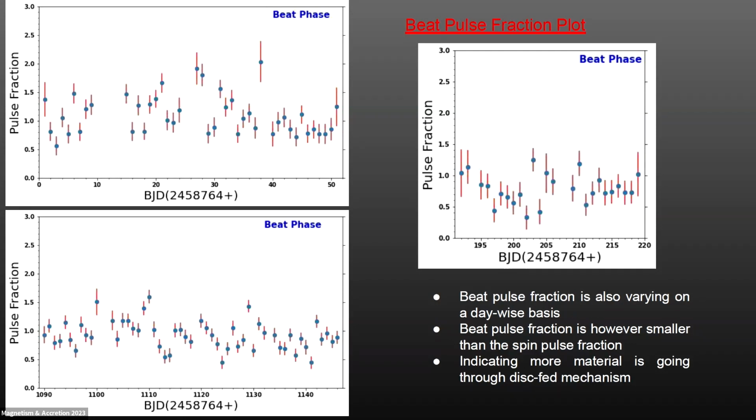So on the basis of this, we say that the amount of accreting material is varying in V709 Cas. And also the beat pulse fraction is smaller than the spin pulse fraction. This indicates that more material is accreted via the disk-fed mechanism. This further strengthens our claim that V709 Cas is a disk overflow with disk-fed dominance.